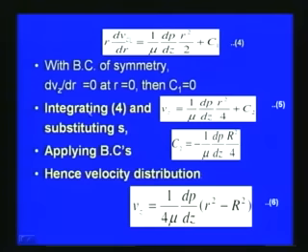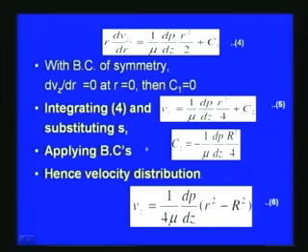Then integrating this equation again and substituting s as we have already seen, we get Vz is equal to 1 by mu dp by dz into r square by 4 plus C2, as in equation number 5. Again we can find C2 by using the boundary condition. At r is equal to R, the velocity is 0. So we get C2 is equal to minus 1 by mu dp by dz into R square by 4. Here capital R is the radius of the pipe.